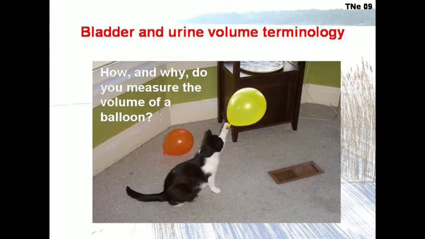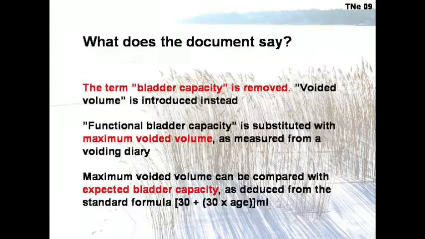And then the volumes. We have followed the terminology of the ICCS, and we don't talk about bladder capacity unless we have measured the urine volume actually inside the bladder. We talk about voided volumes. And the term functional bladder capacity is thus substituted with maximum voided volumes, and we go after a voiding chart to find these values.